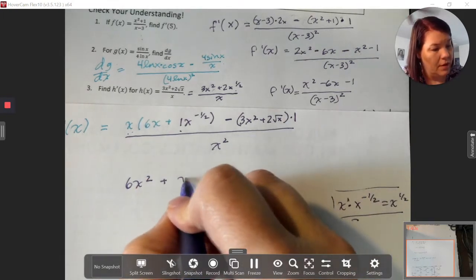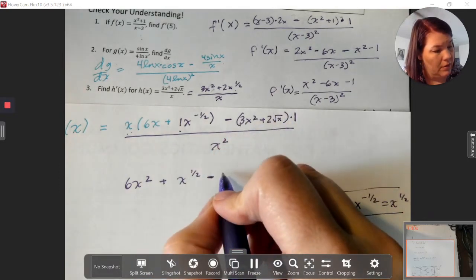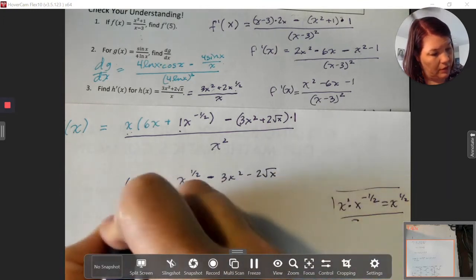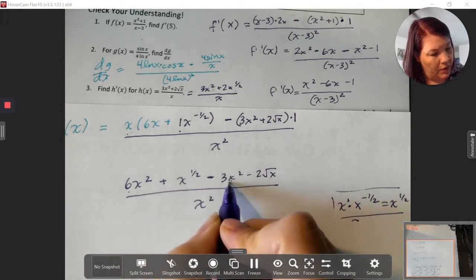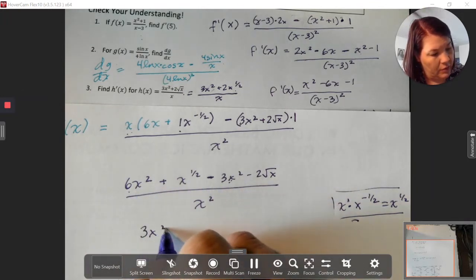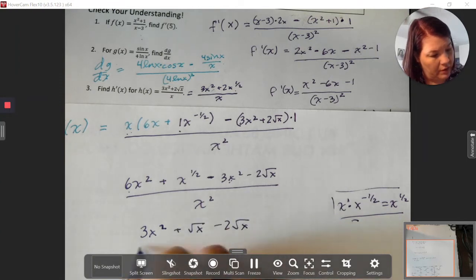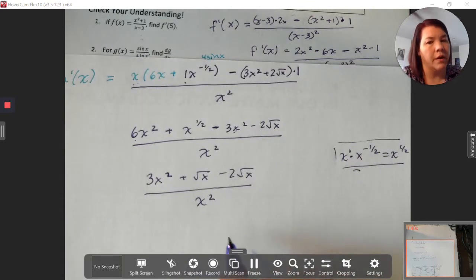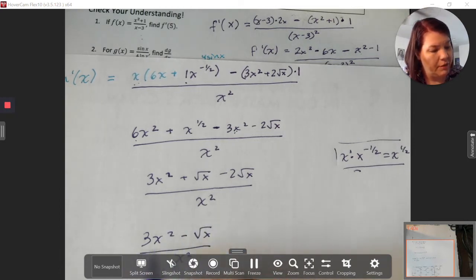So x to the 1/2 minus 3x squared minus 2 square root x over x squared. So I'm going to combine like terms. 6x squared minus 3x squared is 3x squared, plus square root x minus 2 square root x over x squared. Again, I'm showing you the work. I could have done this a little faster. 3x squared minus square root x over x squared, and that's where my answer would be.